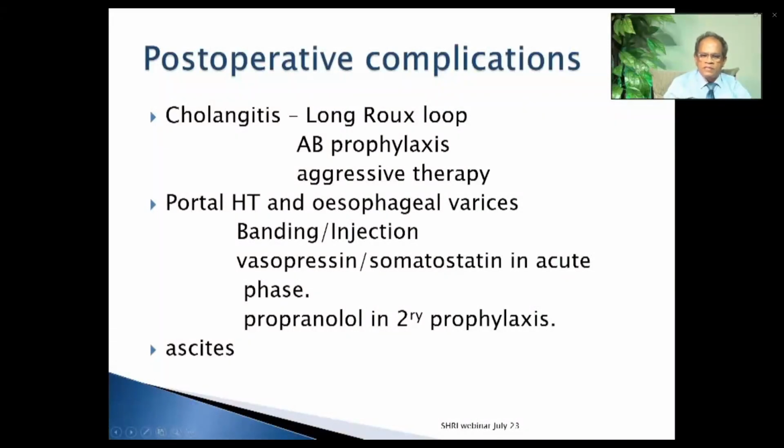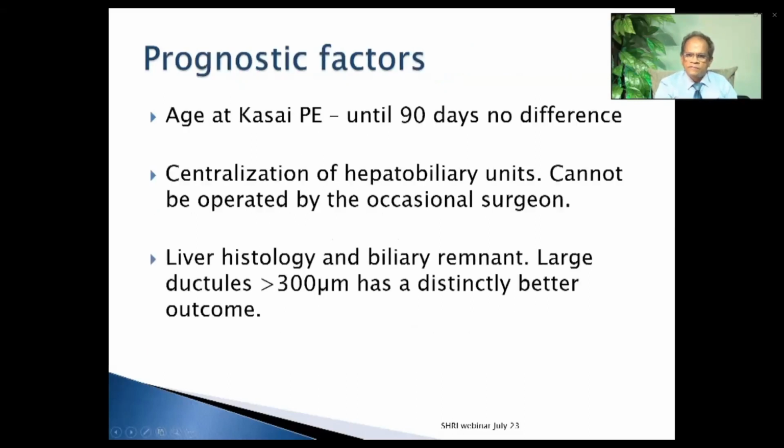You can band them, inject them, and if they bleed acutely, you can start somatostatin or vasopressin, and you can also put them on prophylaxis with beta blockers. There are newer varieties of beta blockers than propranolol that you can use, and some of them end up with ascites.